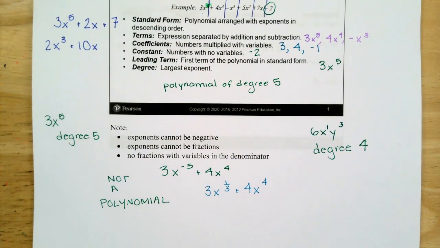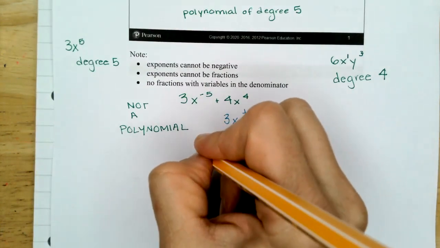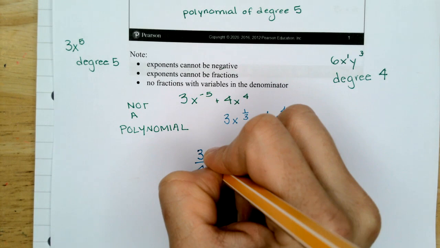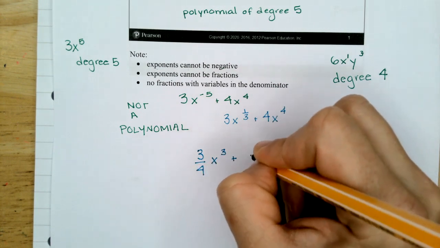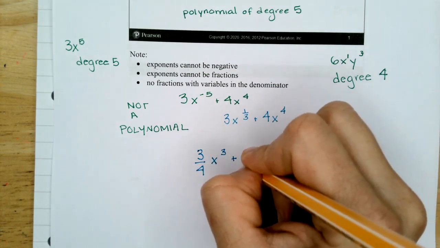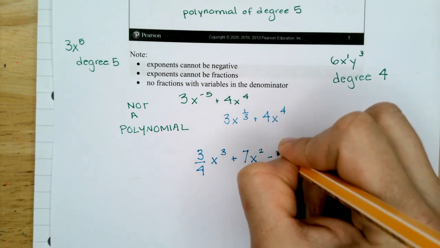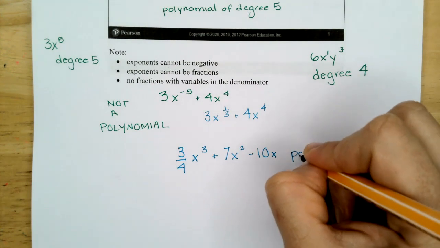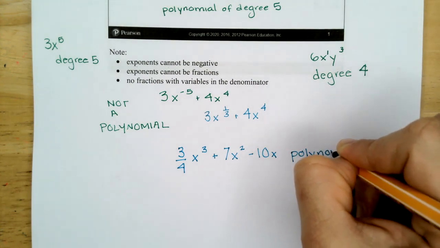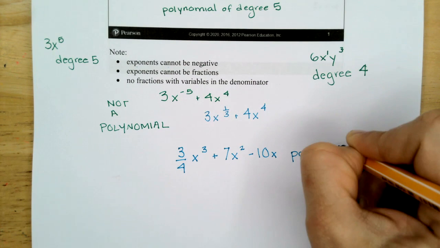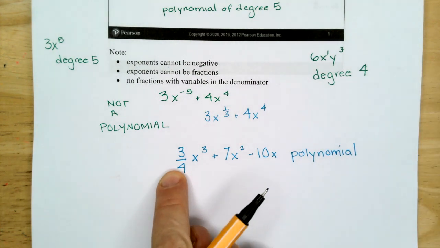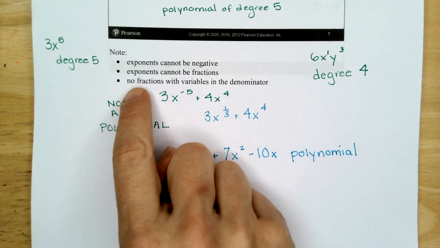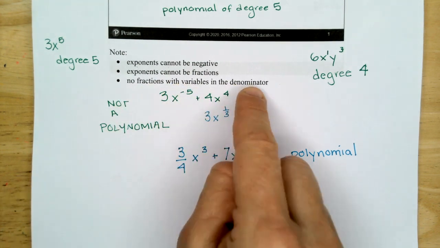Okay, also, when you have a polynomial 3/4 x to the third plus 7x squared minus 10x, this one's still a polynomial. It's okay if your coefficients are fractions, but there can be no fractions with a variable in the denominator.